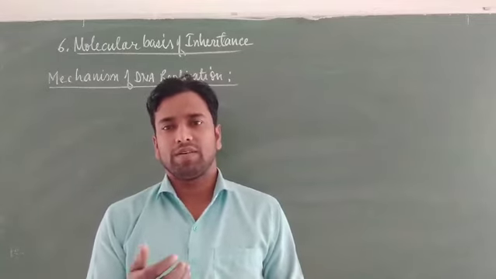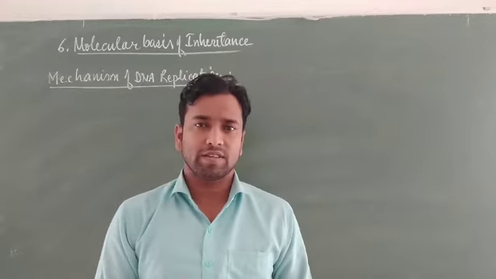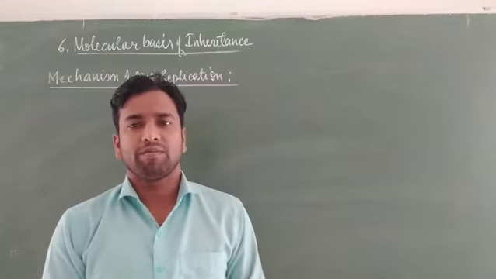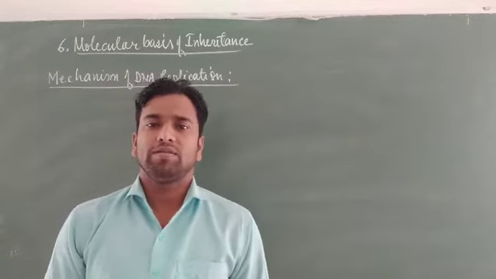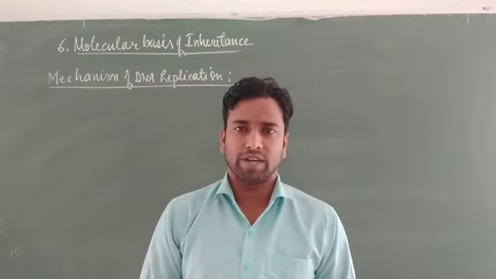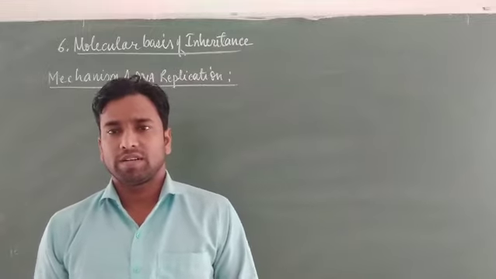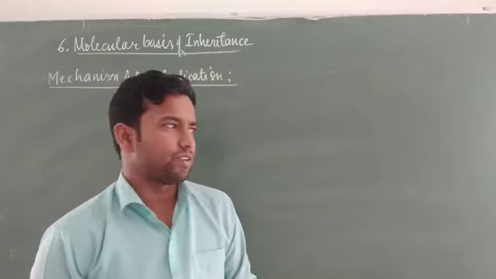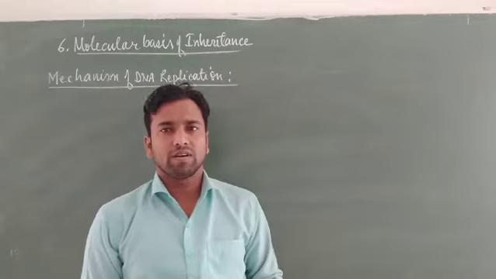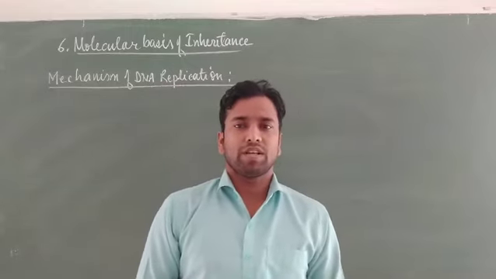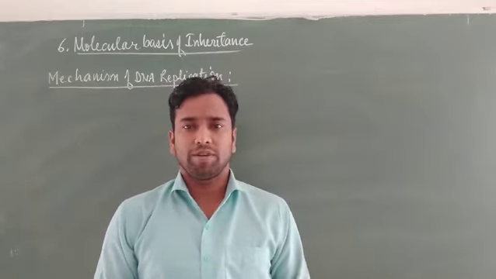Each and every primer is then replaced by the activated deoxyribonucleotides. As a result, a daughter strand is formed from the parent strands. So this is the basic procedure that happens in DNA replication.